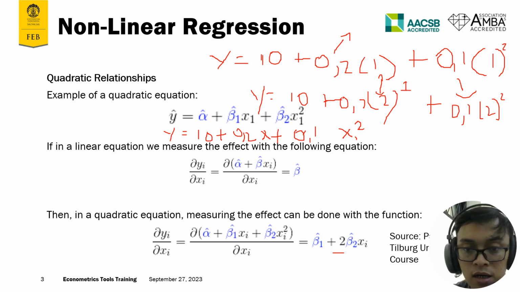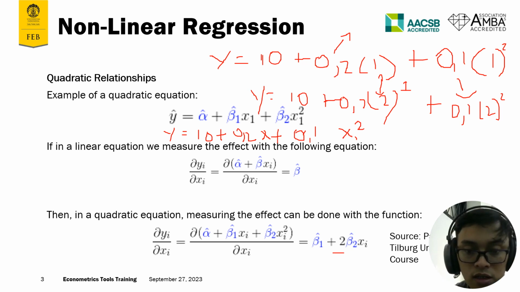The incremental of the y depends on beta, but now the incremental doesn't just depend on beta, but on beta 1 plus 2 multiplied by beta 2, and depends on the x itself. So if we have a higher x, for example the x is 2, the incremental will increase.